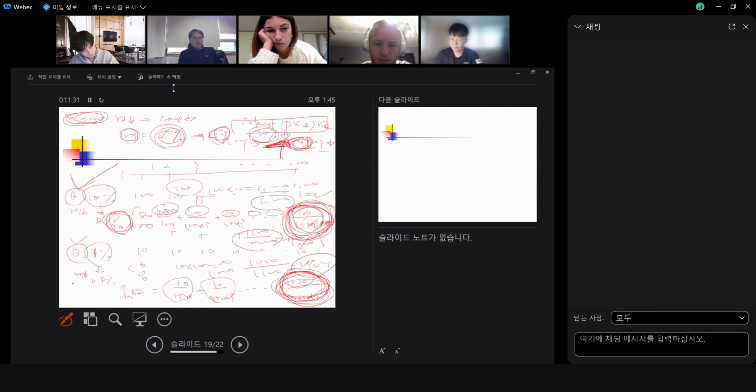So if RD is decreased, the amount of price increase, or amount of decreased price, in B is much bigger than A. So we'll say B is more sensitive with respect to interest rate, which means interest rate risk, right?